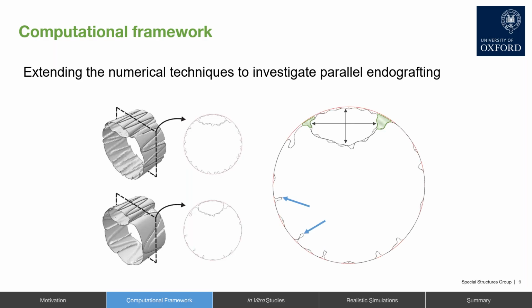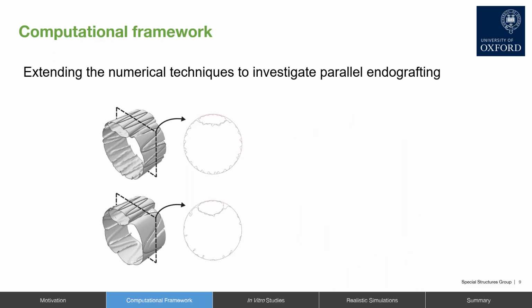Within this computational framework we can quantify things like chimney graft compression. Now we can see it doesn't have a perfect circular cross-section. We can also identify and quantify gaps which form and begin to assign specific values to those gutters. We can also look at things like graft infolding, which may influence blood flow through the lumen of a device.